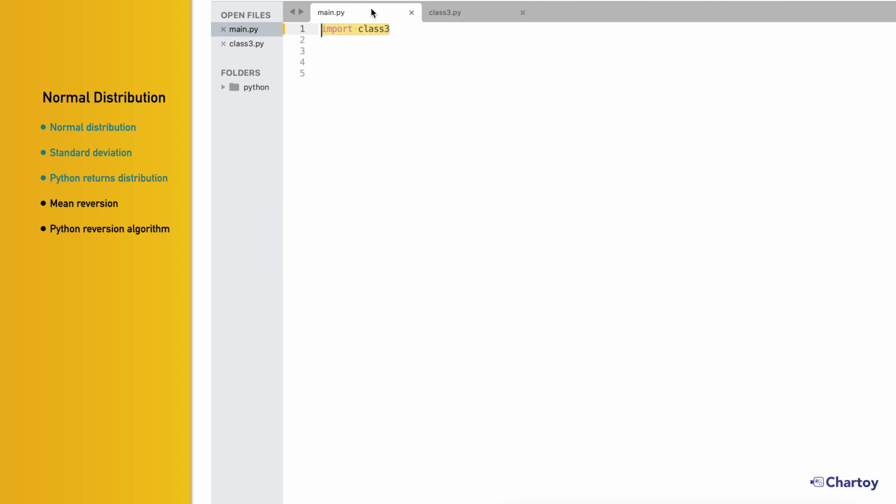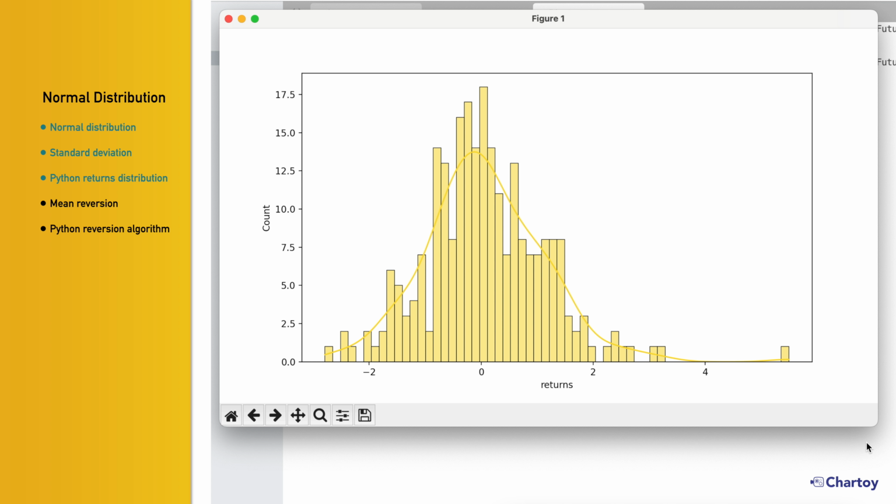Okay, so let's go ahead and see how it looks. Okay, so this does not look exactly like a bell curve, but as you can see, the straight yellow line shows you something close to a bell curve. This is the distribution of the returns of SPY for the last year.